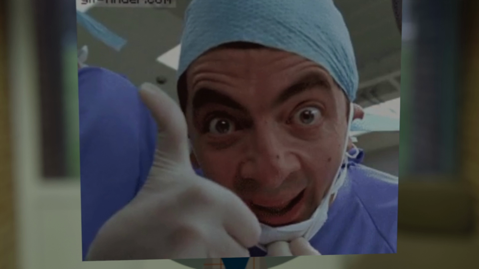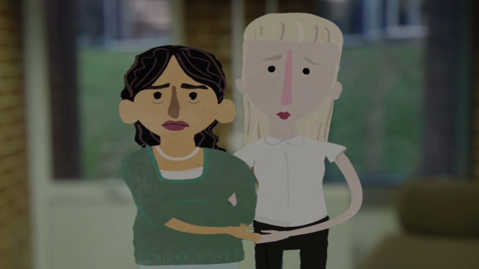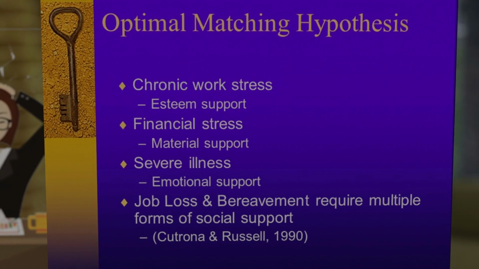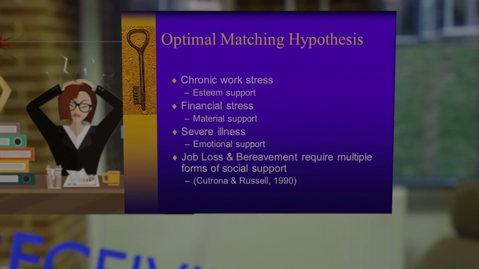See my video on social power for a definition of those things. Now, in the event of job loss or bereavement, we require multiple forms of social support. All of this matching of types of social support to specific events is what's called the matching hypothesis. We match particular forms of social support to particular life events.